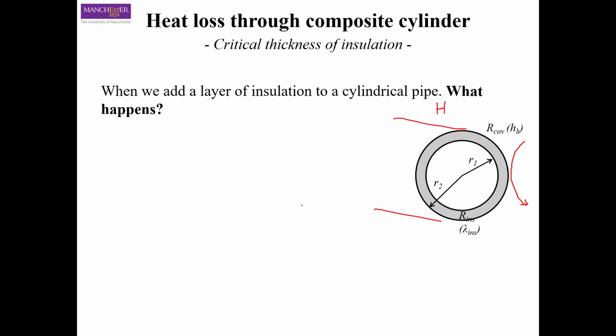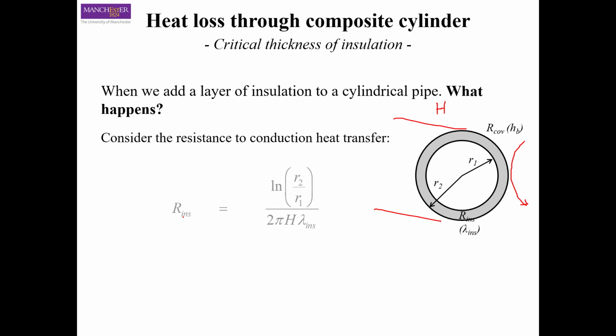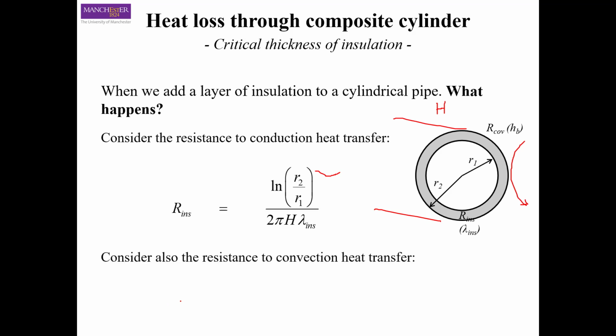Just like we did in part 1, let's look at the heat resistance due to conduction. It should be equal to the resistance of insulation, and as we developed in part 1, that's the same equation. Then we have the heat resistance due to convection, and similar to the first part, R convection is equal to 1 over h times 2 pi R2 h.